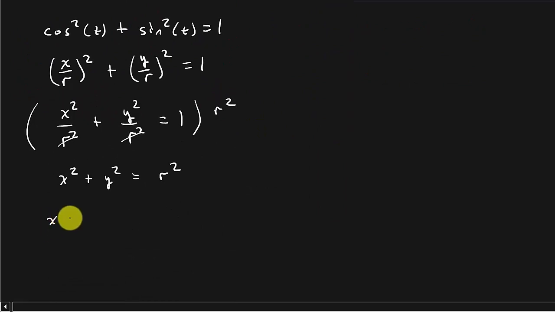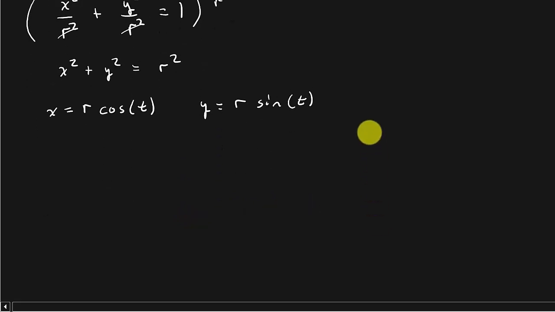So right now I have x equals r cosine t, and y equals r sine t. What does it want us to do? It wants the center at h, k. Well, this center is at 0, 0.